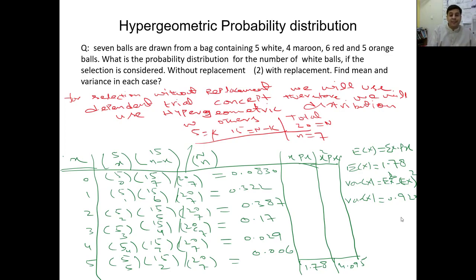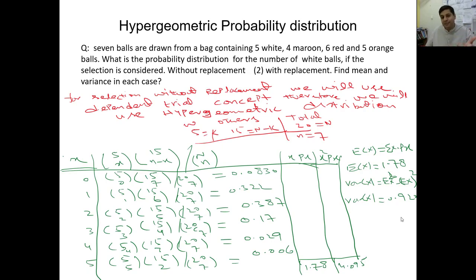When the trials are without replacement, you need to use hypergeometric. If the trials are with replacement, the trials are independent. In without replacement the trials are dependent. So when the trials are independent, you need to use binomial. When the trials are without replacement, the probabilities of one element depend on another.